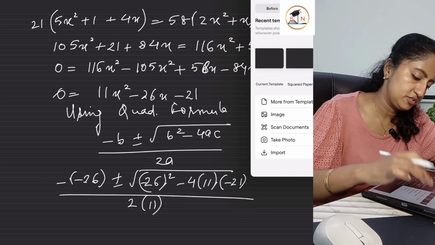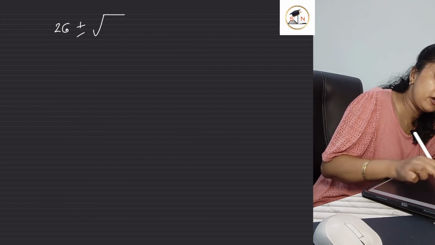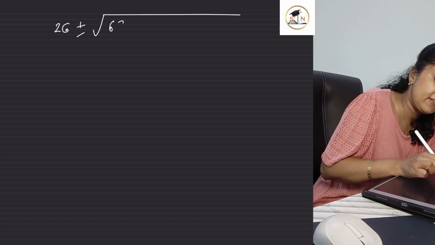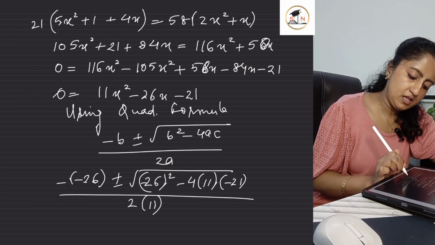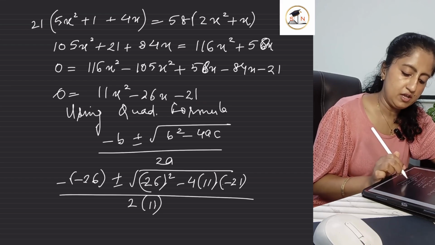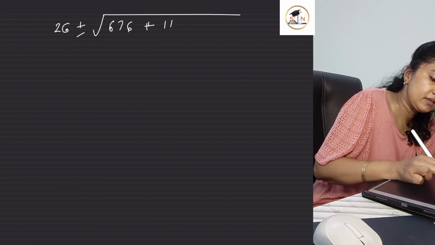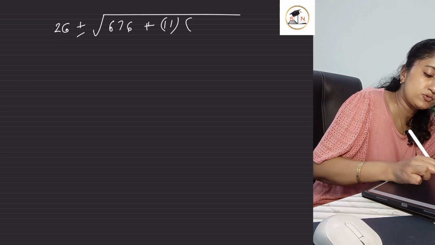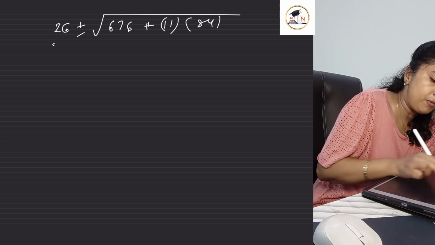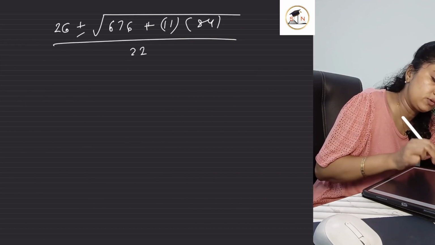So now, proceeding with this, it gives me 26 plus minus square root of square of 26, which is 676. Then we have minus minus positive. What I will do, positive 11 times 4 times 21, that is 84, upon 2a, which was 22. This is what we are getting.